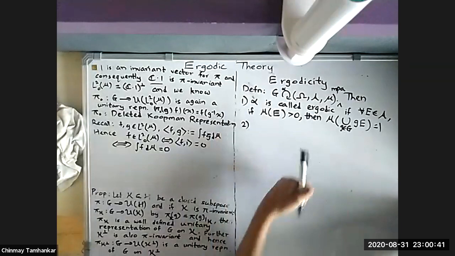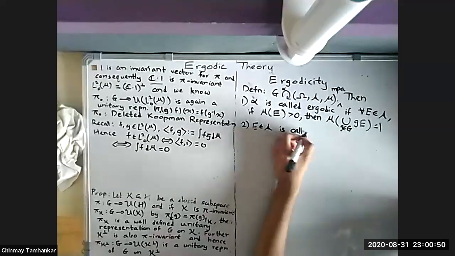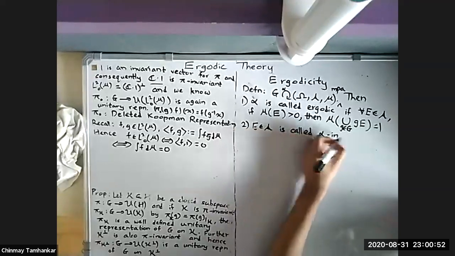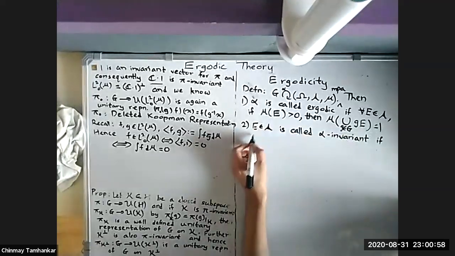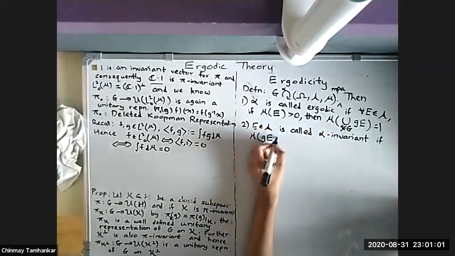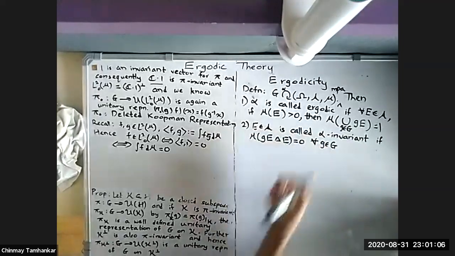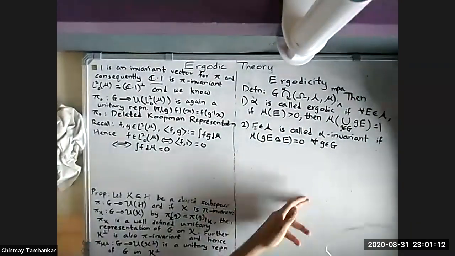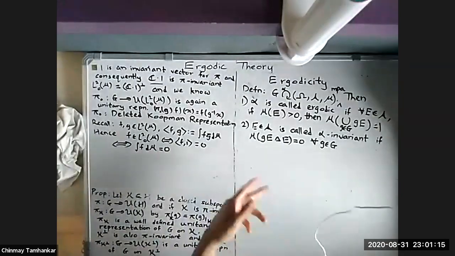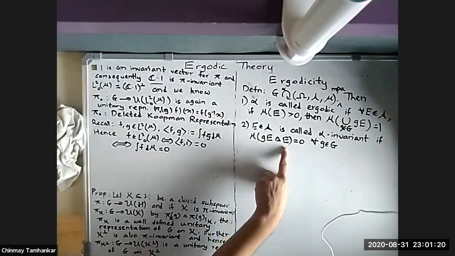Second thing, we'll define what is an alpha invariant set. That means that by applying G on this measurable subset, it doesn't change E much, for any action of any group element G. So this means the measure of the symmetric difference is 0.